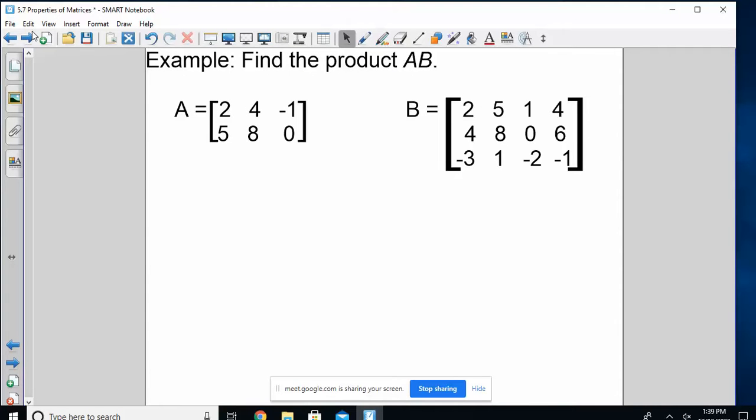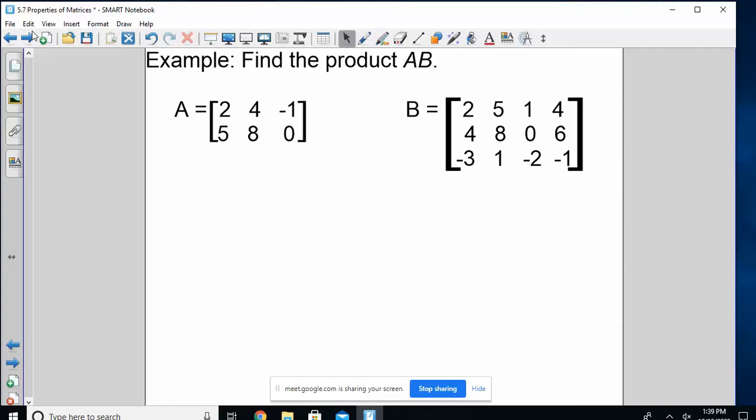Alright, this will make a little more sense when we just do one. So we are going to find A times B here. First, we have to decide if we can do the problem. So we're going to look at the size of each.